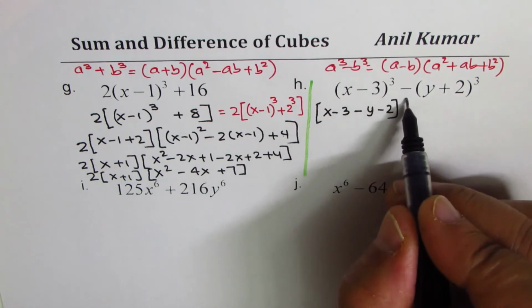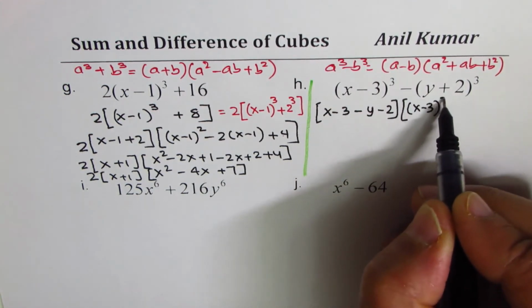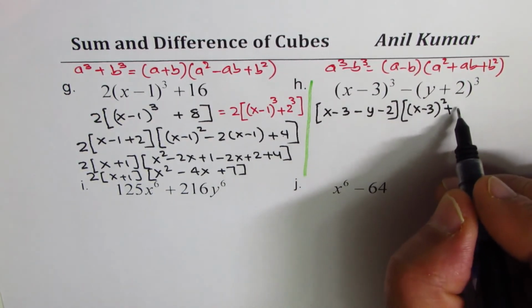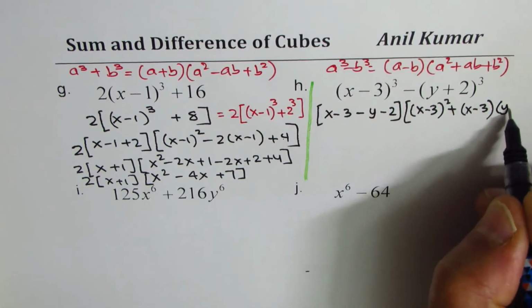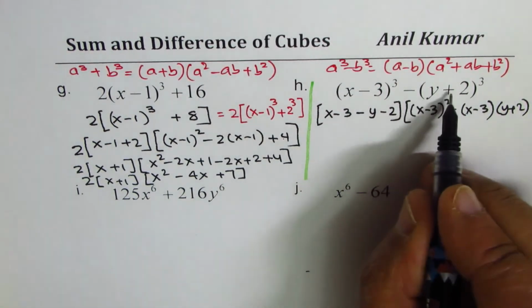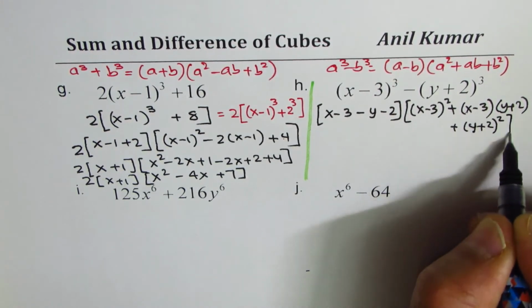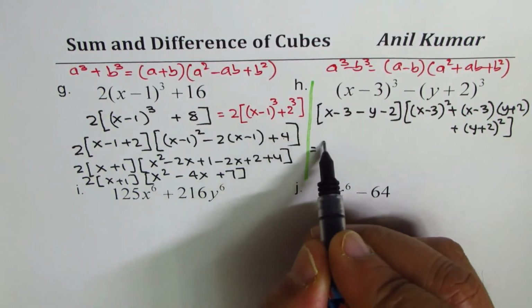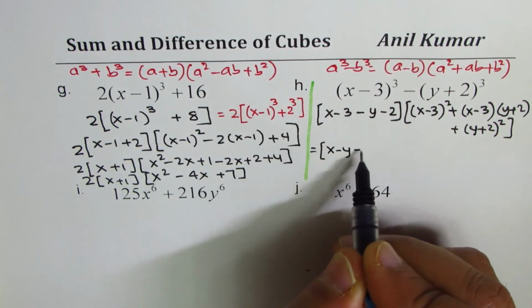The second factor is (x minus 3) whole square plus the product of these two, which is (x minus 3)(y plus 2), and then we'll do plus (y plus 2) whole square, right? So that is what we get, and the first factor is x minus y minus 5.